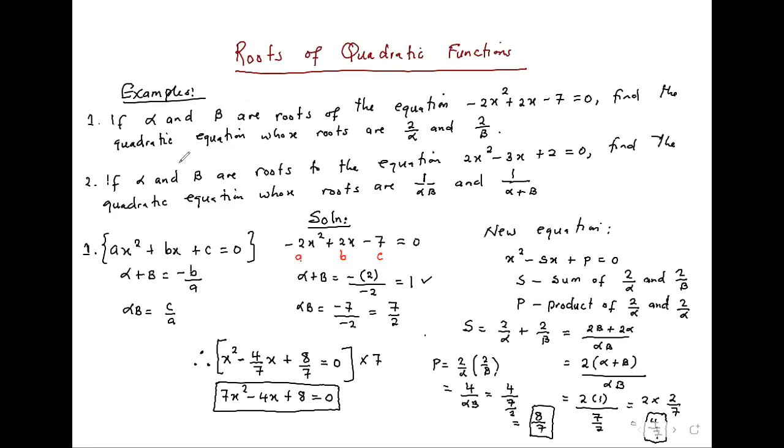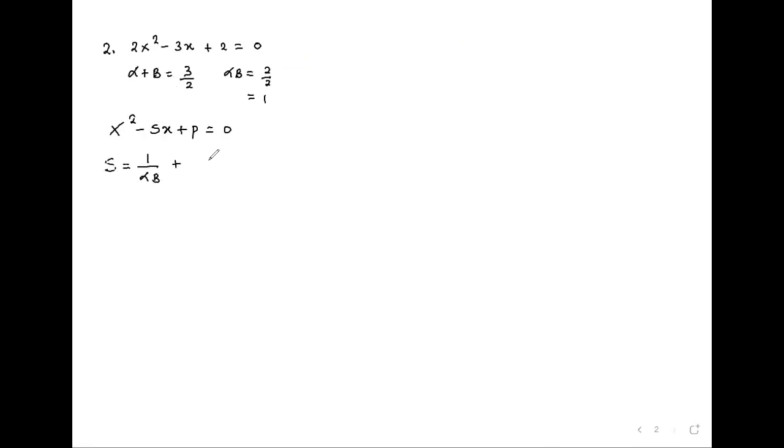After we have alpha plus beta and alpha beta, we now look at the new equation. It would take this form, where S is given by 1 over alpha beta plus the other root, 1 over alpha plus beta. Not complicated.